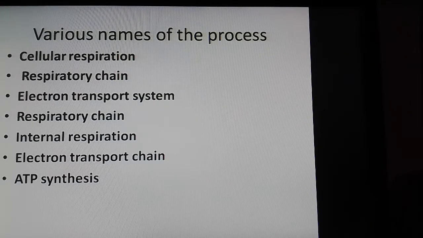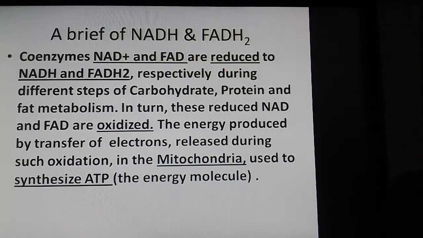And the process is called by different names like cellular respiration, respiratory chain, electron transport system, internal respiration, electron transport chain, ATP synthesis.